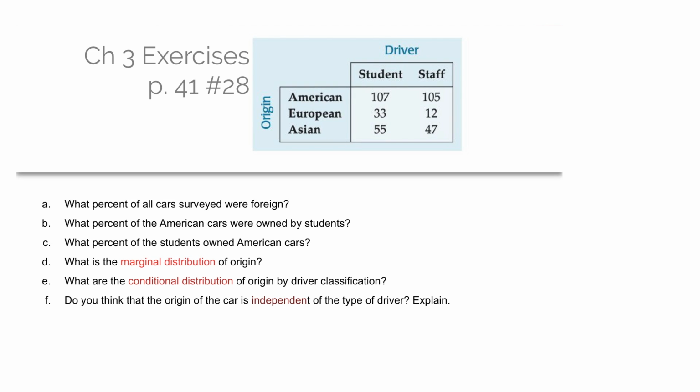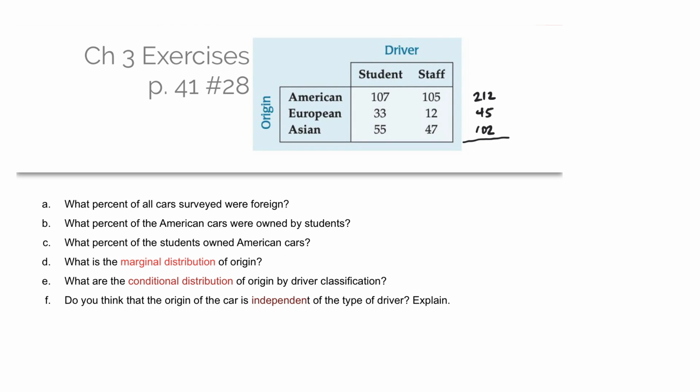But in order for us to do some of these calculations, one of the first things I really like to do is to look at the rows and the columns and to go in and find the totals of each of these rows. And so one of the things we can do really quick is fill in these row totals. For American-made cars, there were 212. For European, there were 45. And there were 102 for the Asians.